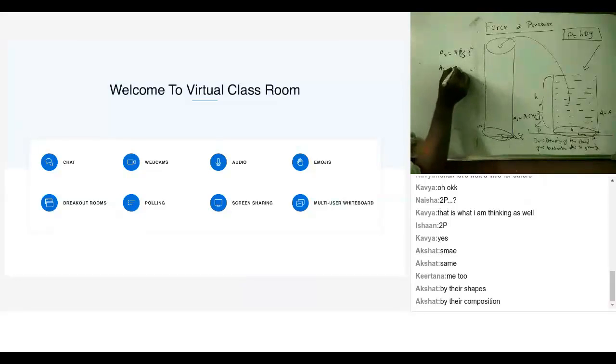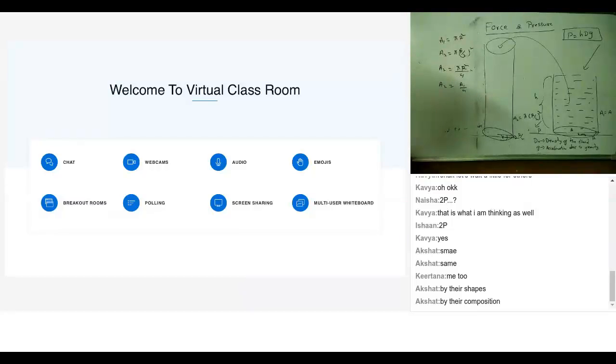So A2 equal to how much? Pi R square by 4. Sir, pi value is 22 upon 7. So no, we don't need it. Right? Now let's come. What is A1 equal to? A1 equal to pi R square. So can I write A2 equal to A1 by 4?